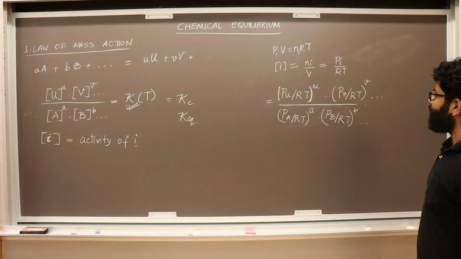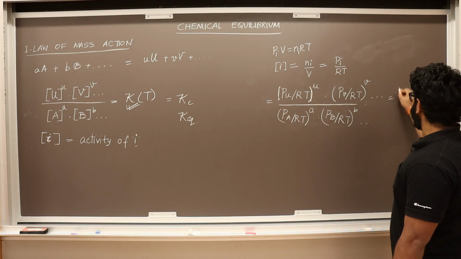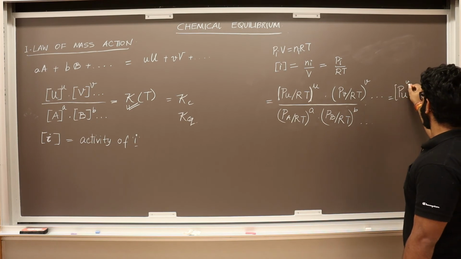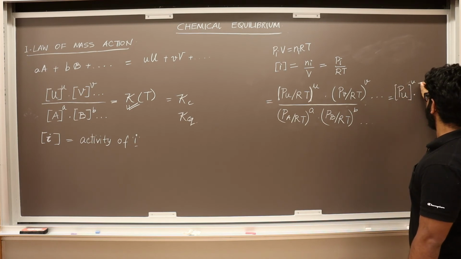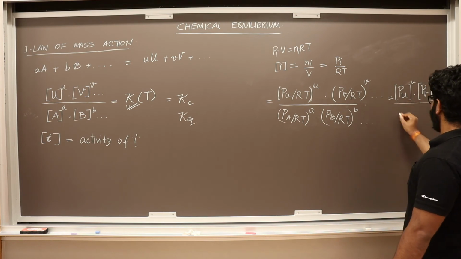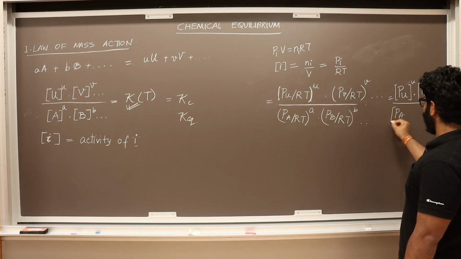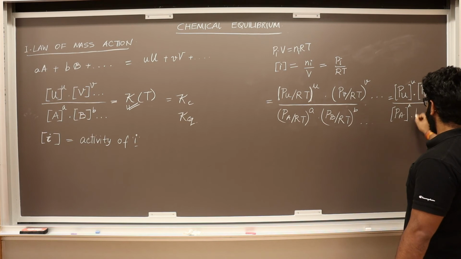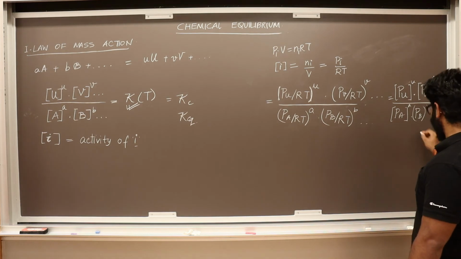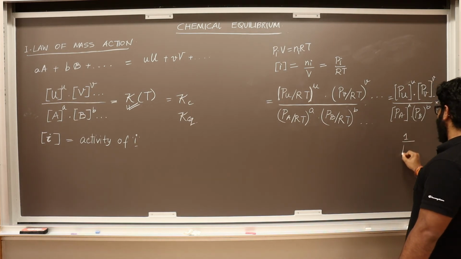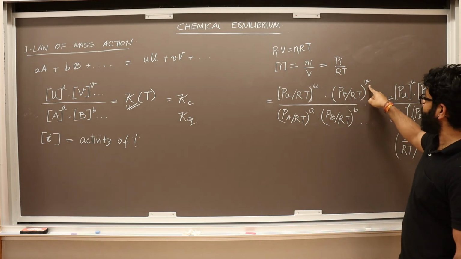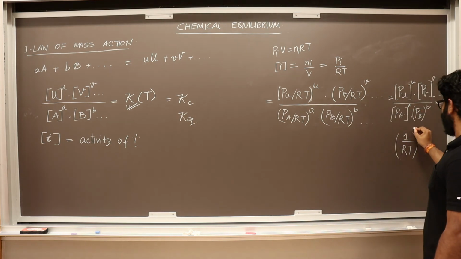This whole thing can now be rearranged as P of U to the u times P of V to the v, over P of A to the a, P of B to the b, times 1 over RT to the power of the summation of all these: u plus v plus and so on, minus a plus b plus and so on.